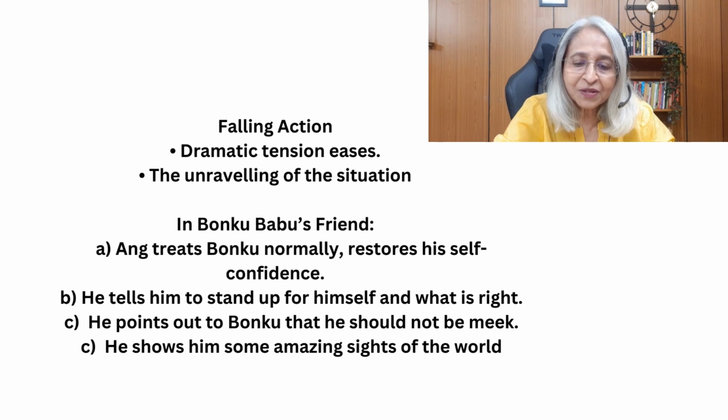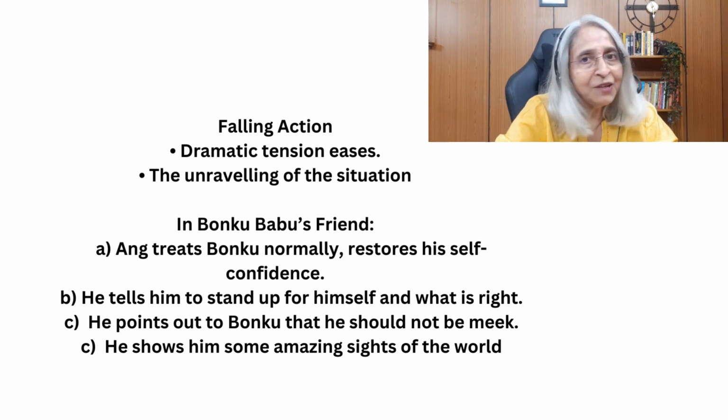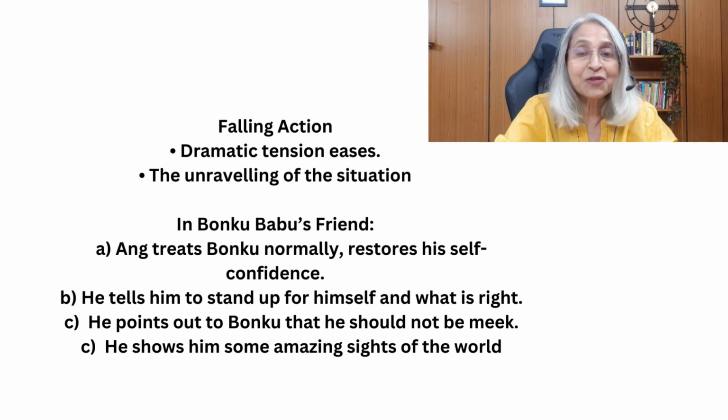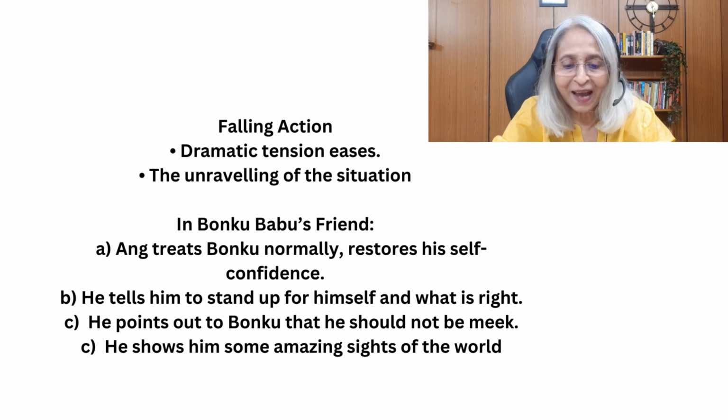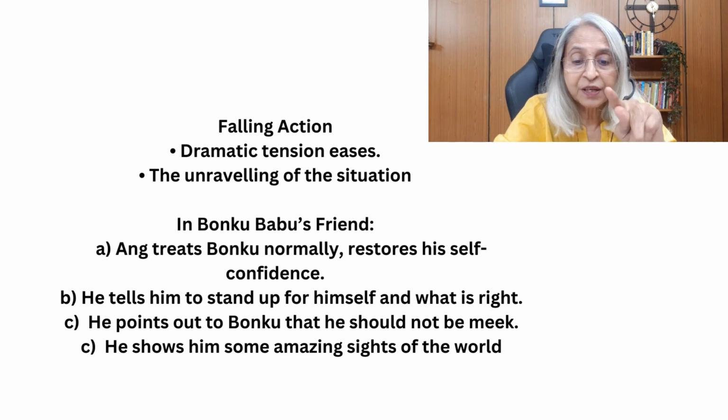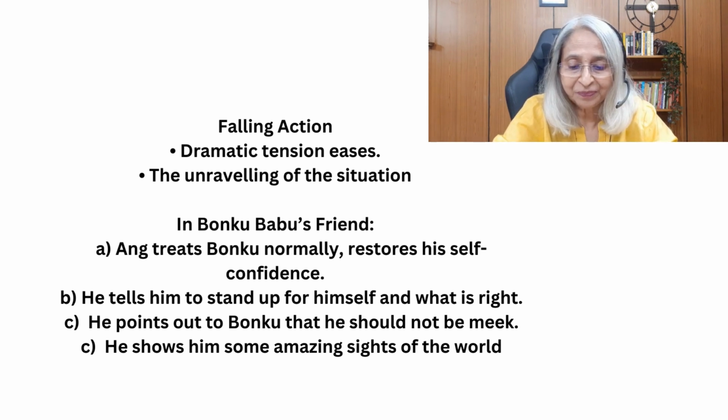So, what happens in this story? Ang treats Bonku very normally, and so Bonku becomes very confident, and he also tells him to stand up for himself and points out to Bonku that he should not be meek. All right?